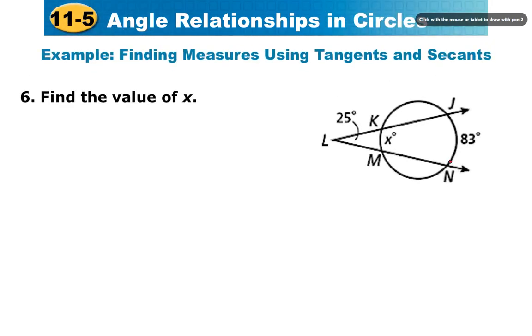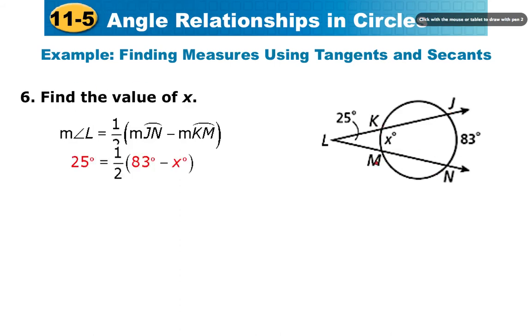Problem number 6. Same theorem, 11.53. Once I set up my equation by applying the formula, this is what I get. Notice that in this case, they are giving you the exterior angle, 25 degrees. And what you're looking for is this arc, X. So apply the theorem: the measurement of angle L is equal to half of this arc minus this arc.